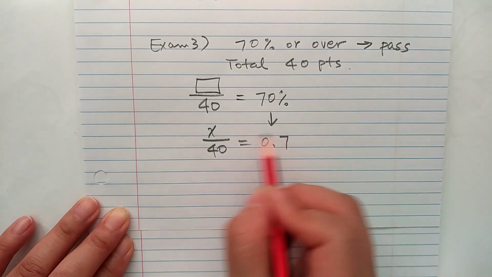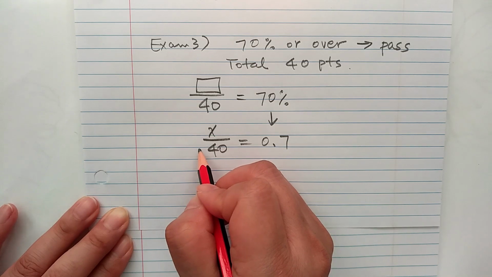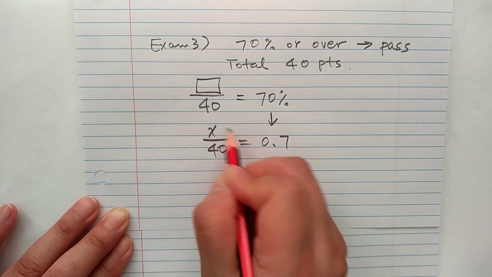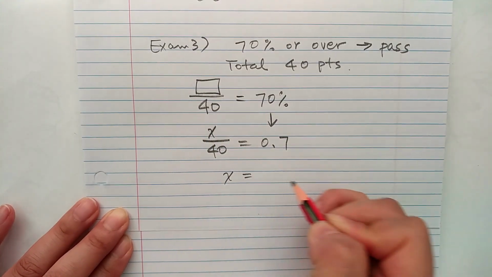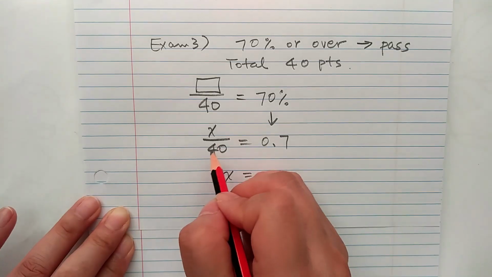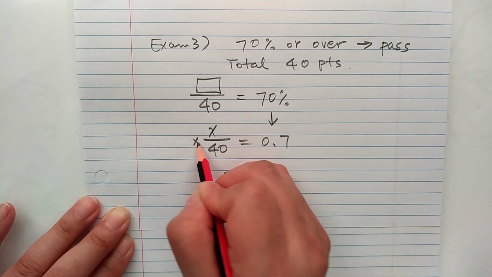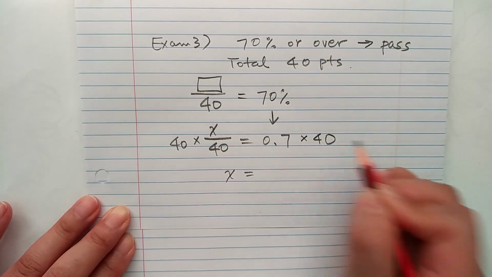This is a one-step equation we just learned. What we want to do is make this 1 and get X on one side and the rest on the other side. How do we get rid of 40 in the denominator? We multiply 40, do the same on the other side.